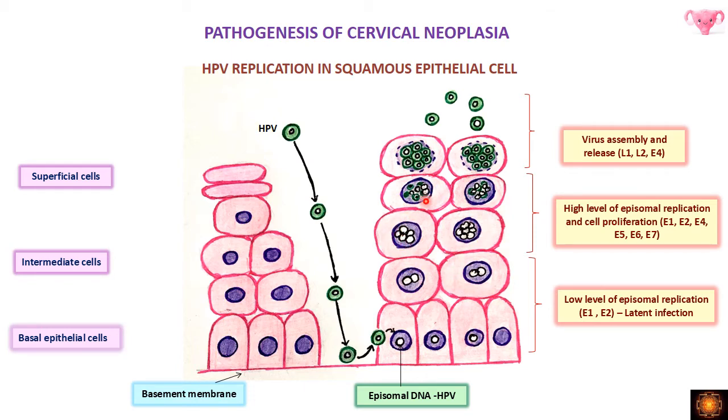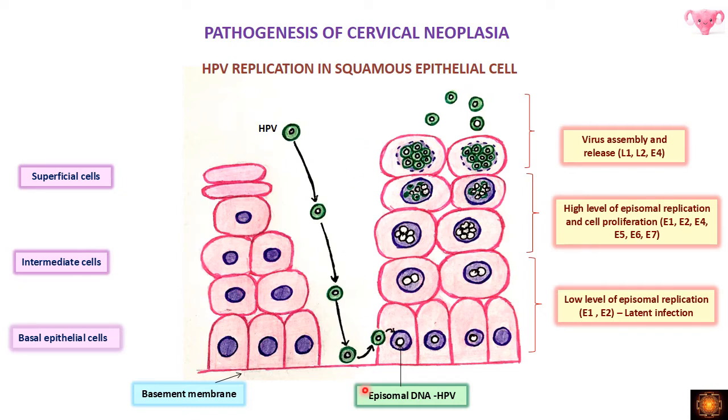You have a high level of episomal replication, along with increased production of the viral proteins like E1, E2, E4, E5, E6 and E7. Then finally, in the superficial cells, it starts producing L1 and L2 proteins. These, if you remember, are the capsid proteins. Once they are produced, the viral assembly occurs, and the virions are released outside.